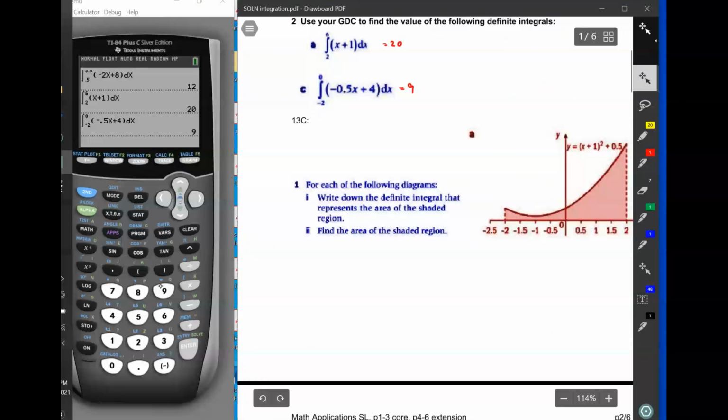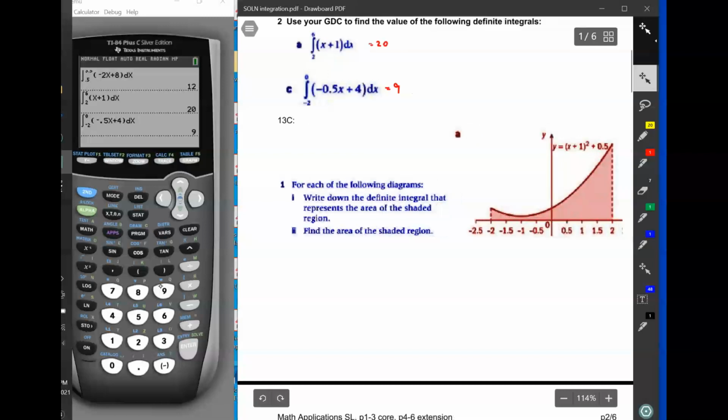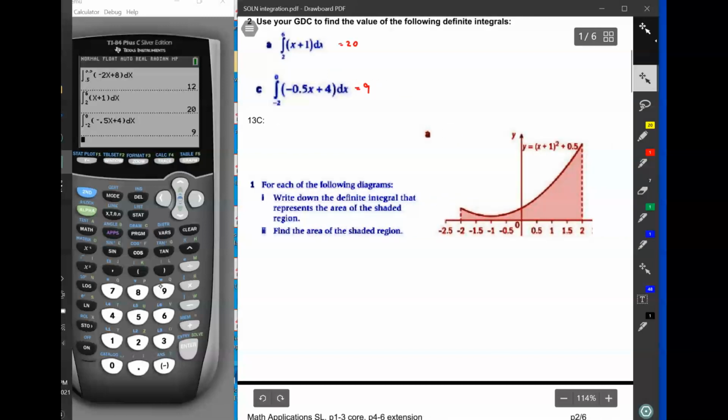For each of the following diagrams, write down the definite integral that represents the area of the shaded region and find the area of the shaded region. Okay. So for this one here, the important information is the function itself, which is the top part of the region you're finding the area for. The bottom part of the region is always going to be the x-axis, okay?